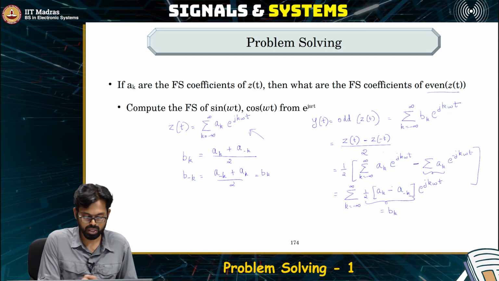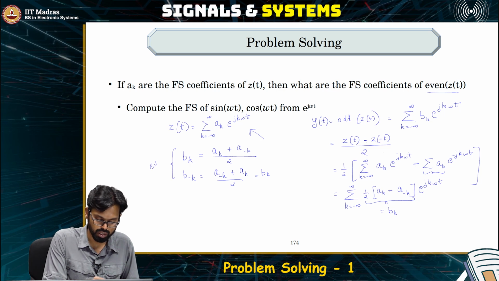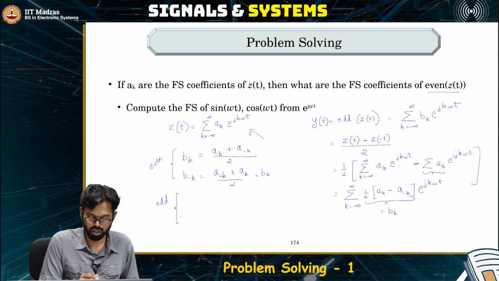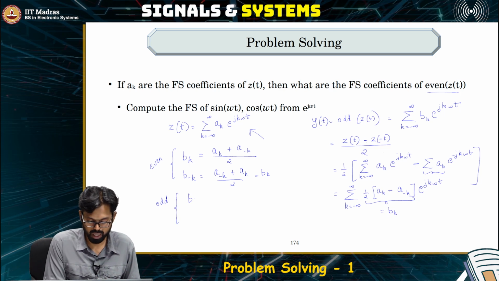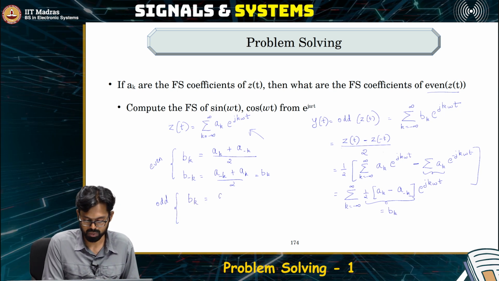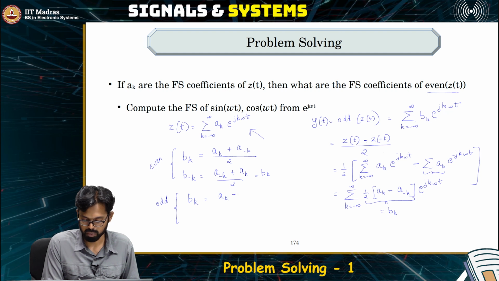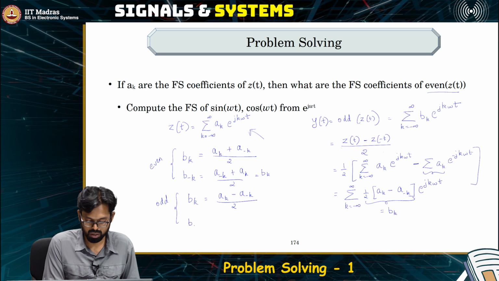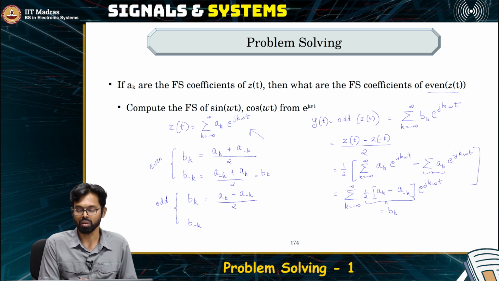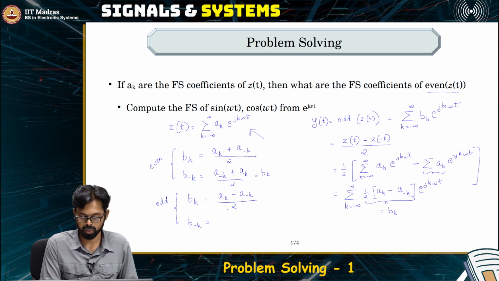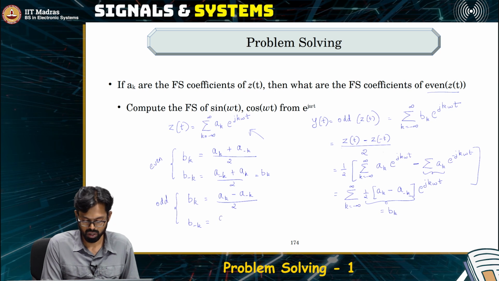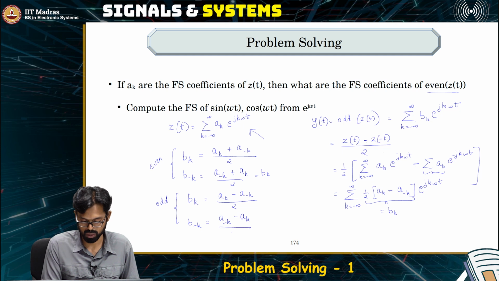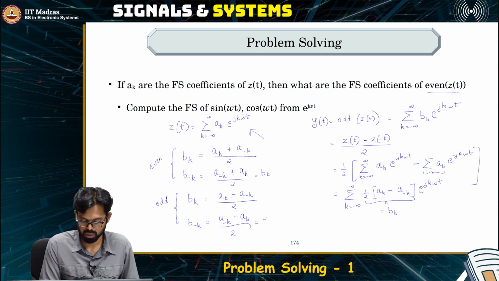So, this is for the even signal. For the odd signal, what do we have? We have bk equal to ak minus a minus k, divided by 2, and the negative of the Fourier series coefficients here would now be a minus k minus ak, divided by 2, which is equal to minus bk.